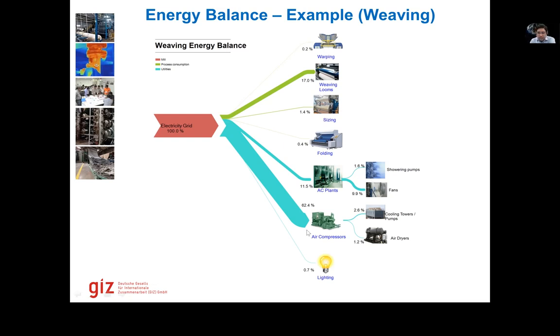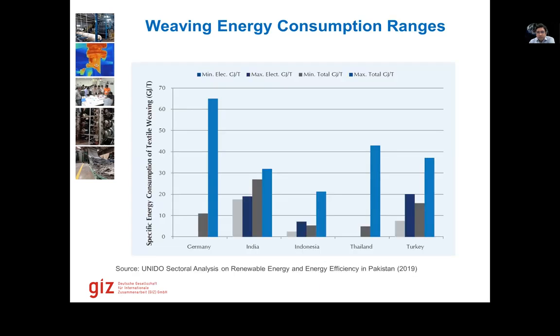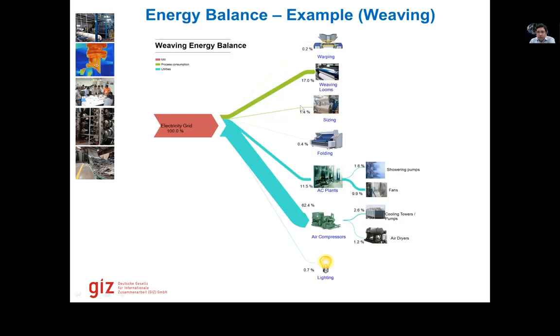Inside the compressed air systems, apart from compressors, we have cooling towers and we have air dryers, which also consume energy, and then we have some lighting. This is a usual energy balance of a weaving mill. And this mill was also doing some sizing as well, so some of the energy is going into sizing as well.